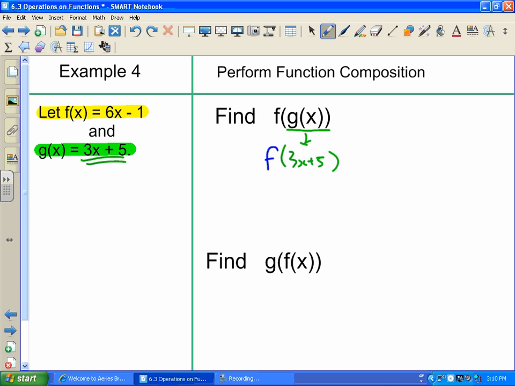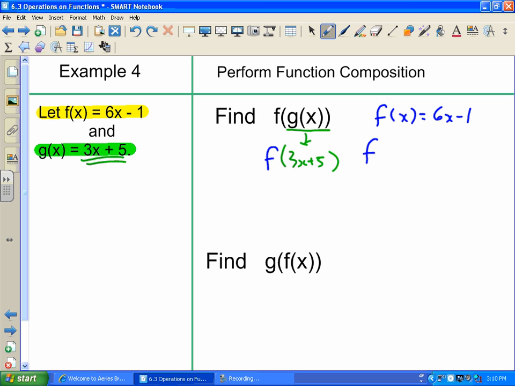This is kind of where it's tricky for students. I'm going to write the f function, f of x equals 6x minus 1. To do the composite function, f of g of x, it wants me to find f of 3x plus 5.